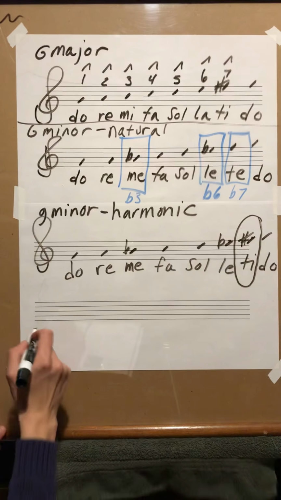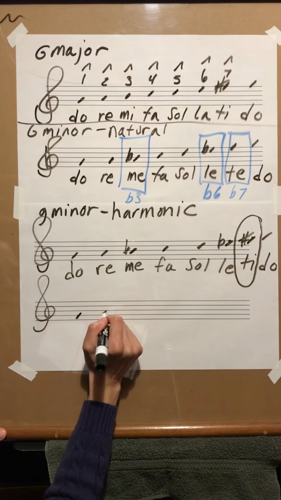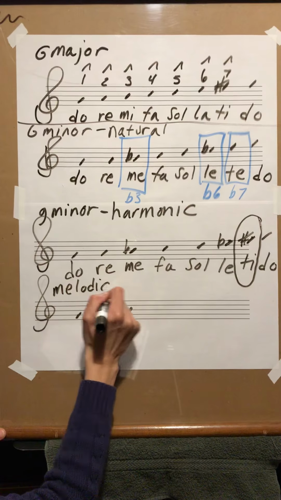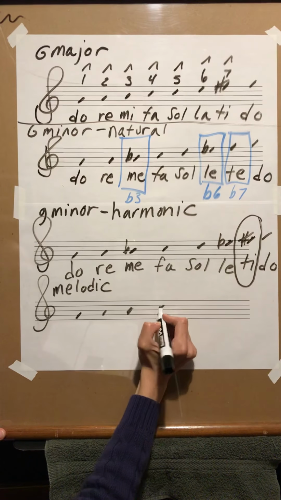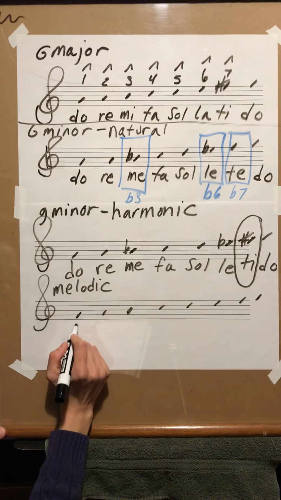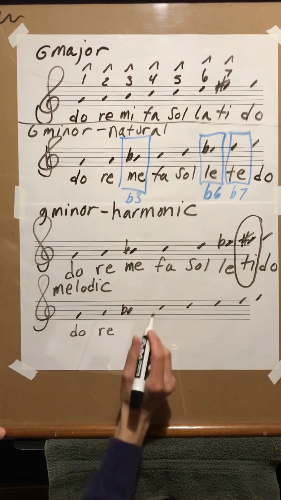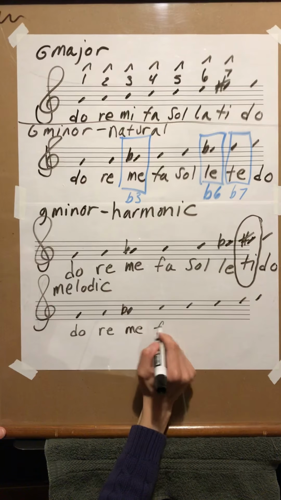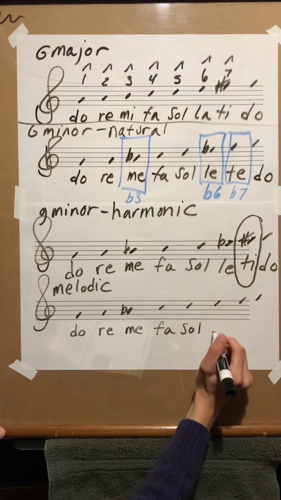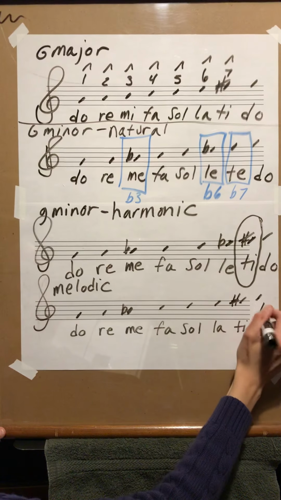All right, and then the other form of minor we'll be working with is melodic. Do, re, me, fa, sol, la, ti, do.